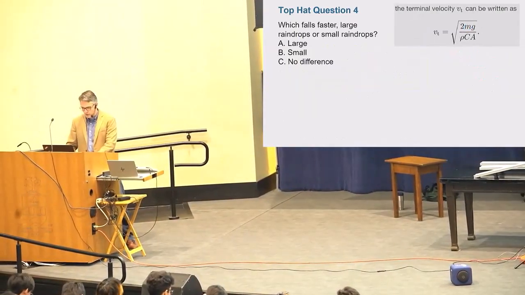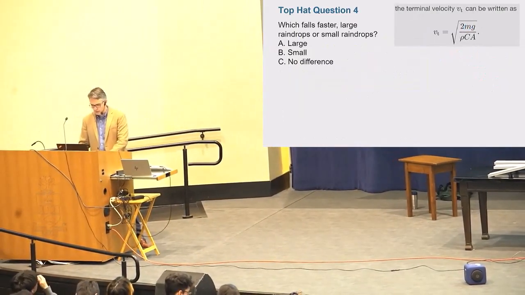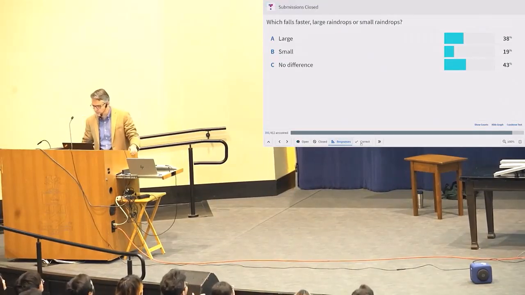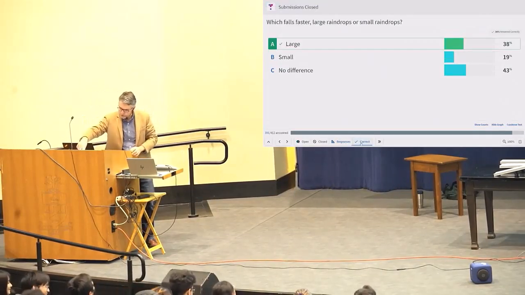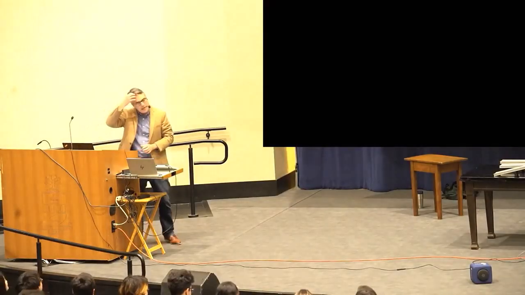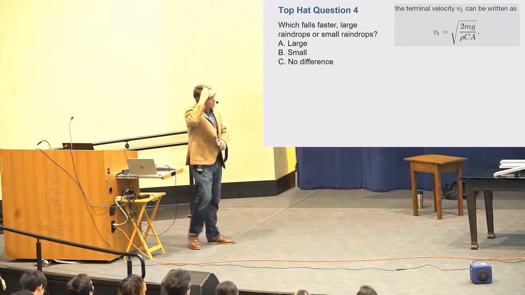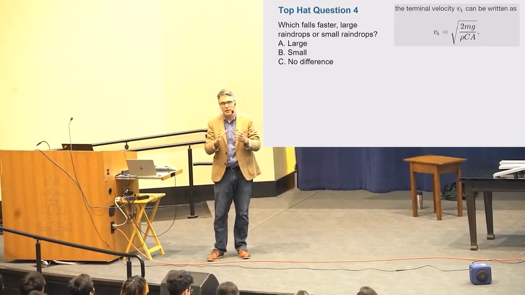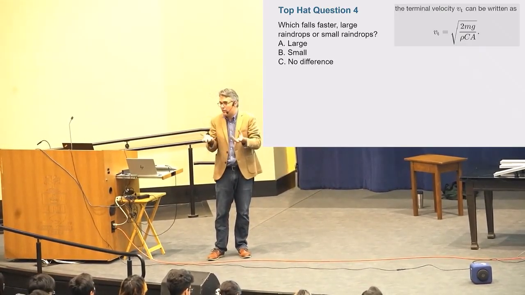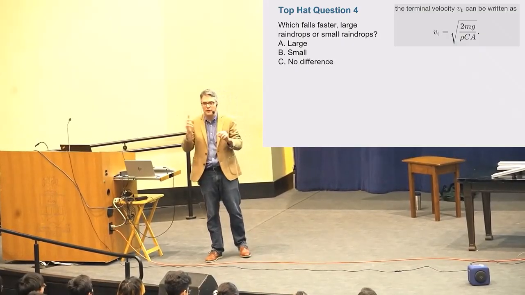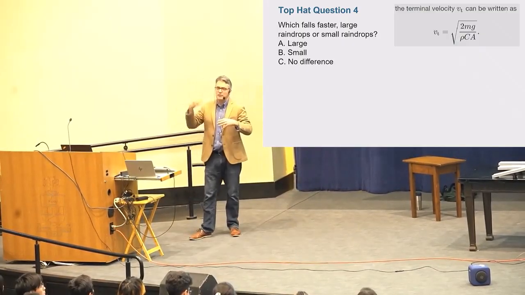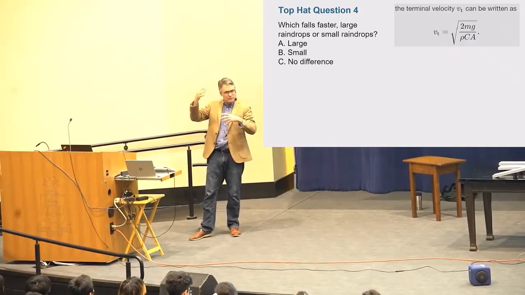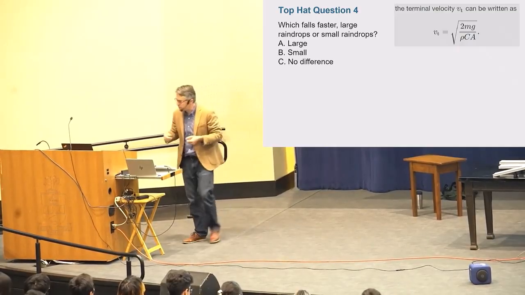Which falls faster, large raindrops or small raindrops? Okay, so the one that I like is large, and I'll show you why. Both the mass and the area go up, but I would say the mass goes up in proportion to the volume, which goes up as r cubed, and the area goes up proportional to r squared, right? So as things get bigger, the mass to area ratio does increase.